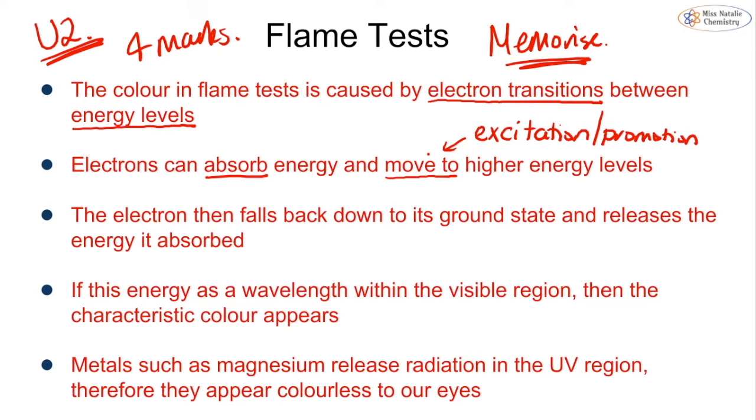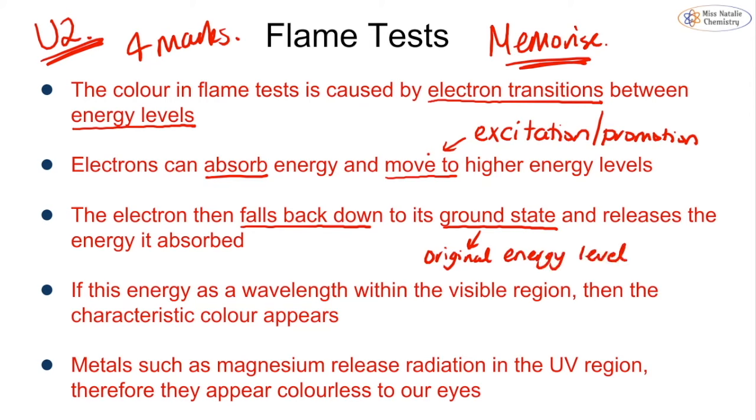So they are being excited or promoted to a higher energy level. Now, as with physics, what goes up must come back down. The electron then loses this energy and it falls back down to its ground state. And ground state just simply means the original energy level.